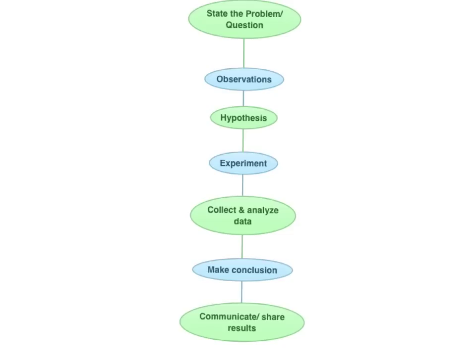And as an end result of the experiment and the process of the scientific method, you communicate and share your results. This is what scientists do all the time. They do not live in a world by themselves.